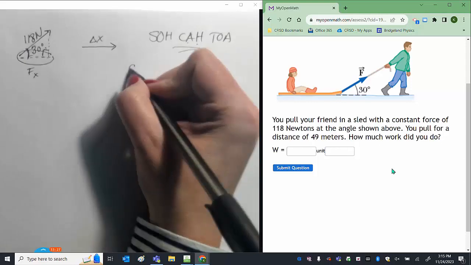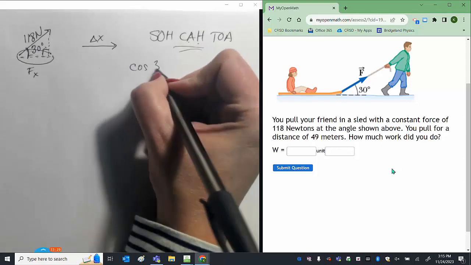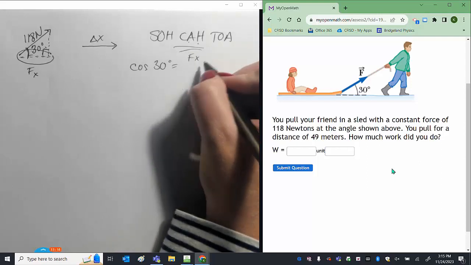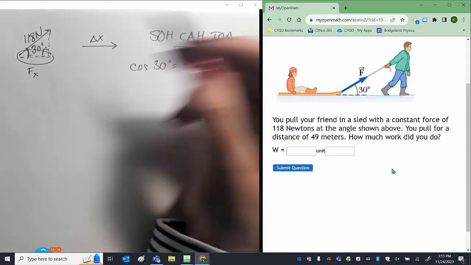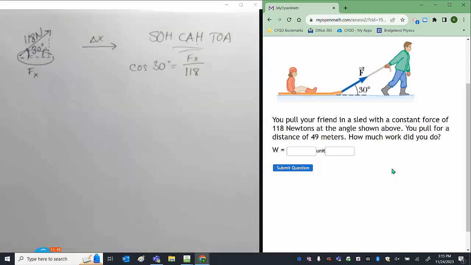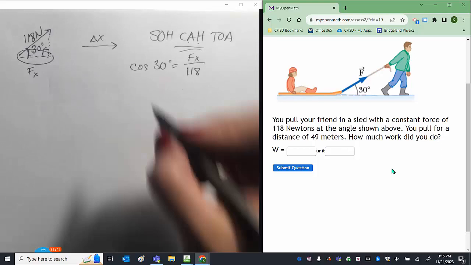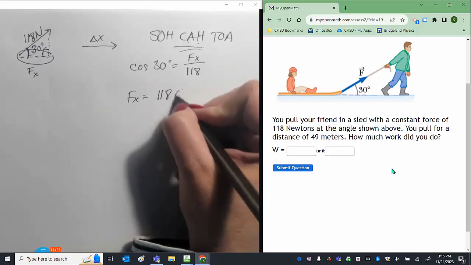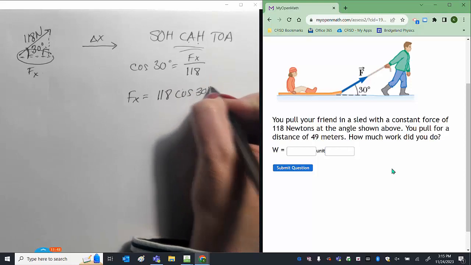So we say that the cosine of 30 degrees is equal to, the adjacent side is Fx, that's the component I need, over the hypotenuse, which is 118. Okay, and so Fx ends up being equal to 118 times cosine of 30 degrees.